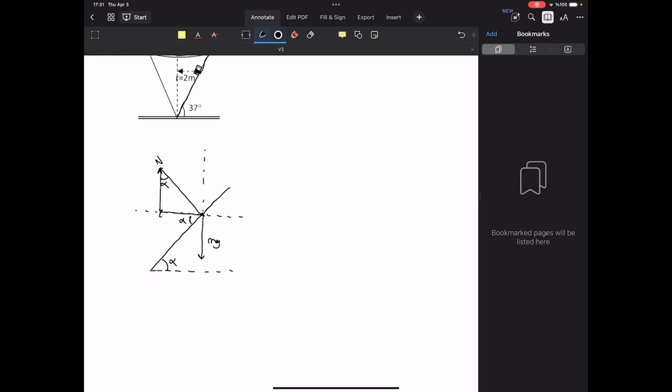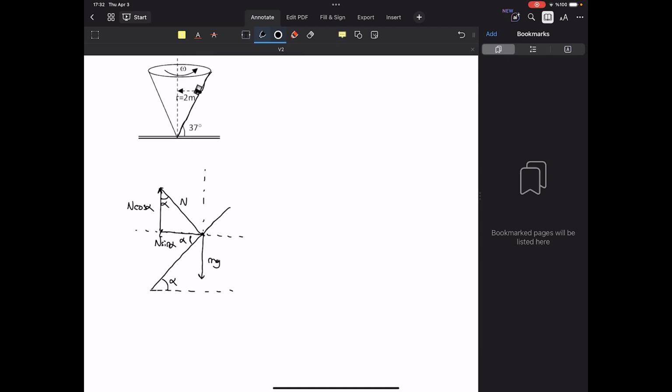If the normal force has magnitude n, this component has magnitude n cosine alpha, and this has magnitude n sine alpha. We want to find n sine alpha. Notice how the object doesn't go anywhere in the vertical direction, so the net force in the vertical direction is 0.